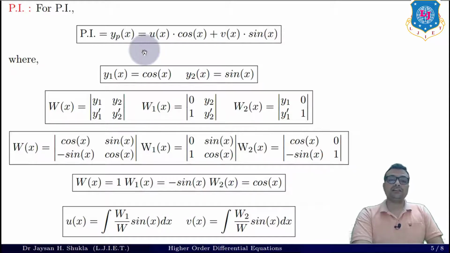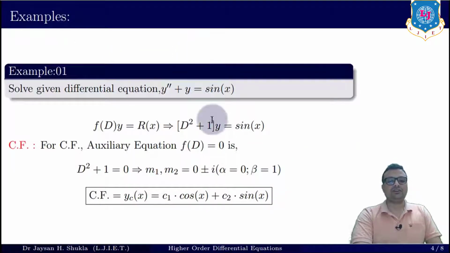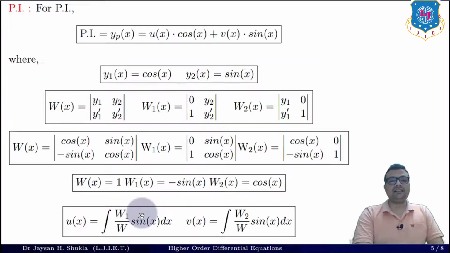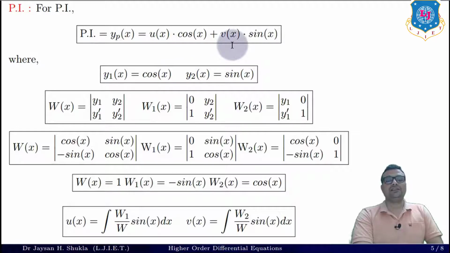Here, again I am framing my value of yp first, but the change is that I am taking yc as yp. You can see here the value of yc is c1 cos x plus c2 sin x. I am considering yc as yp, but in place of c1 and c2, I am taking arbitrary functions u(x) and v(x). The rest of the method is to identify u and v.